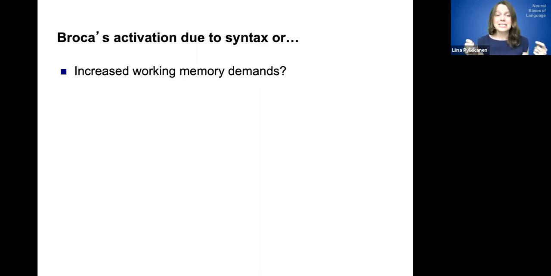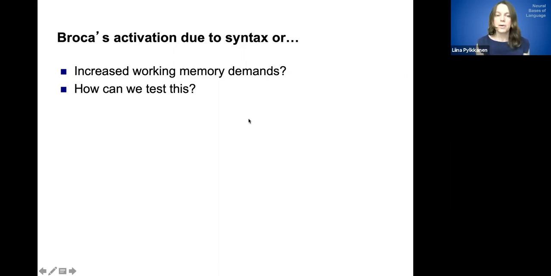So the cases that seem to engage Broca's area more are the ones in which you have to hold an item in mind for a while and then integrate it at a later point in the sentence, in order to semantically interpret the expression. And it could be that working memory load might drive that activation.